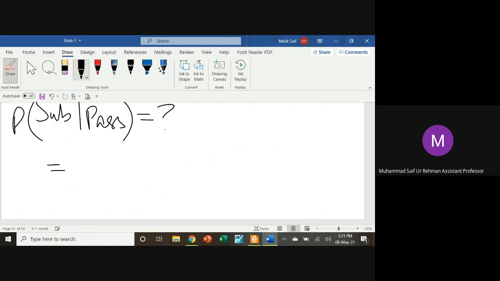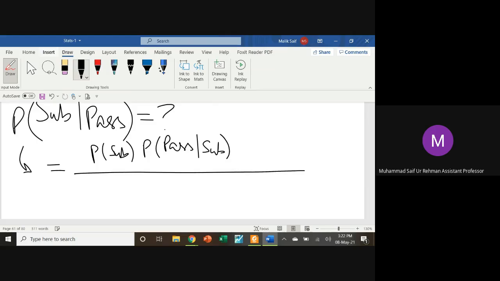This term is equal to, now you have to repeat this term, probability of submission multiplied by probability of pass given he had submitted the assignment. And then repeat this, whatever you have written over here, probability of submission multiplied by probability of pass given submission.